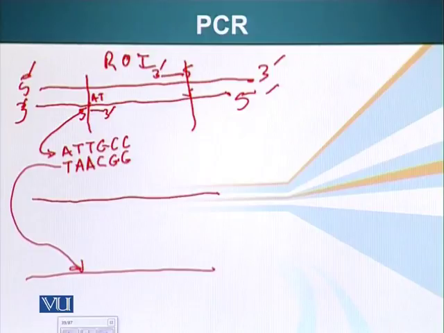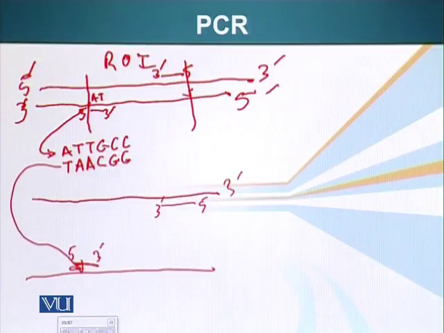So DNA primer will hybridize here, and the other DNA primer will hybridize here. Remember our polarities. This is the 3', this is the 5', this is the 3', and this 3' hydroxyl is available for extension. Here we have a 5' end, here we have a 3' end, and this 3' end can be extended.